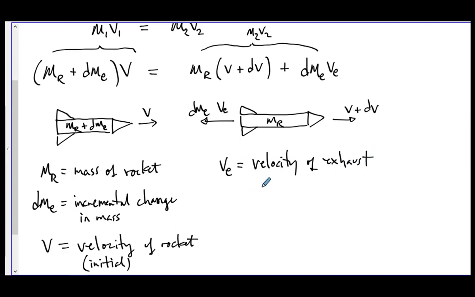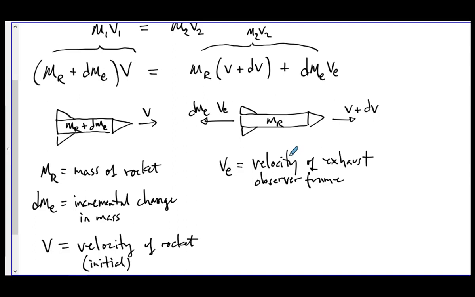And the way that I'll measure that velocity of exhaust is from an observer reference frame. We'll talk about this more later, but just at the moment, we'll think about that as if we were watching this rocket fly by. This is the velocity that we would measure, and it would be in the opposite direction of the direction of the rocket.